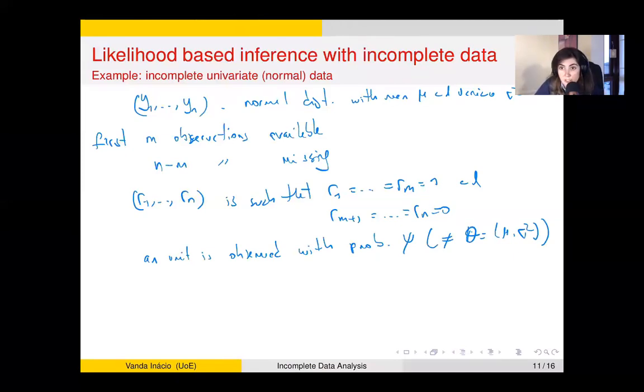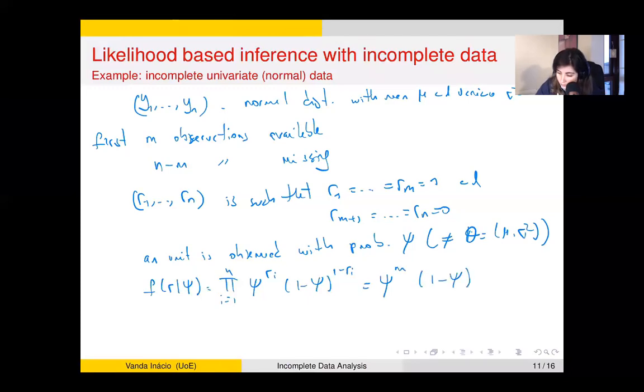If each observation, each individual, each unit, wherever they are, is observed with probability psi, my model for the missing data mechanism is Bernoulli with parameter psi. And so I know that f of r given psi is, and because only the first m observations are available, I can simplify to this form.